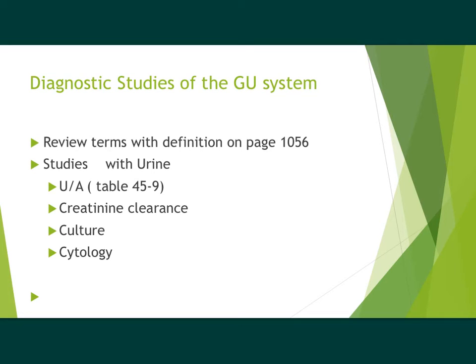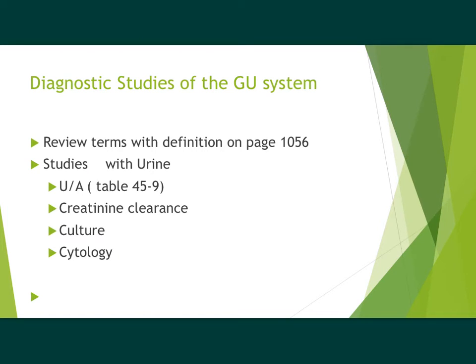On page 1056, it starts the diagnostics, but it also goes over a lot of different terms. And these terms at the top, you just have to memorize. These are terms that will often be used in the stem portion of a question, so be sure to review the terms on page 1056. And below that, it starts to get into the diagnostics.